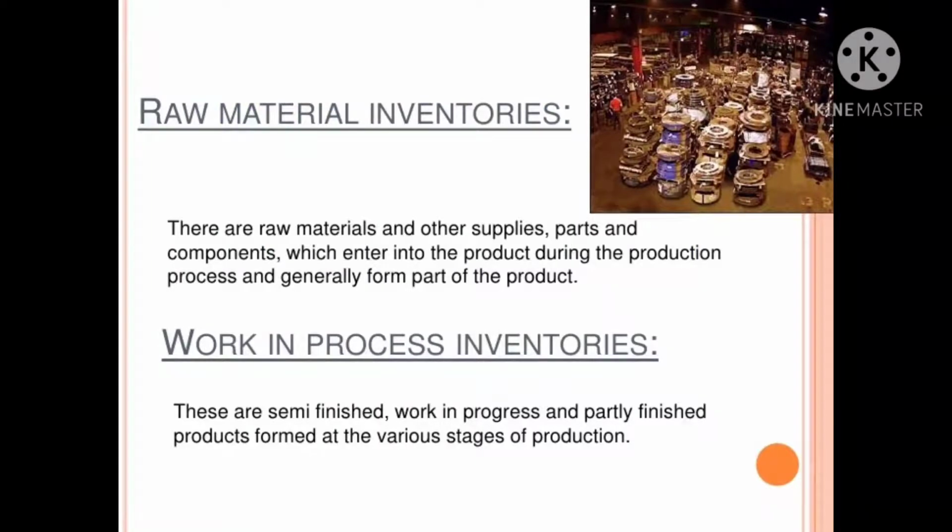We have raw material inventories. These are raw materials and other supplies, parts and components which enter into the product during the production process and generally form part of the product. Work in process inventories. These are semi-finished, work in progress and partly finished products, from the various stages of production.